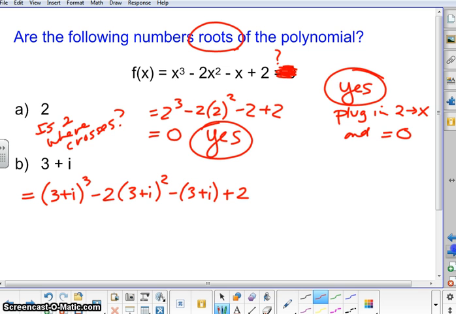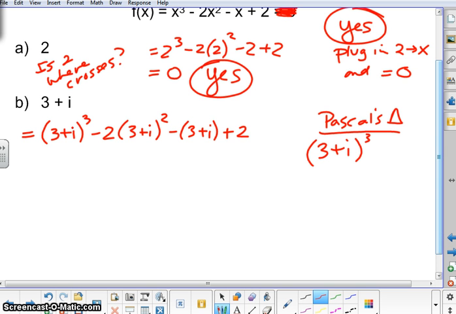So let's go ahead and refer back to Pascal's triangle. Okay, this goes back in the day, but you're going to like the shortcut. Remember, anything cubed, and this is just for 3 plus i cubed, you're going to like it. So we know that the basic numbers for anything cubed is going to be 1, 3, 3, 1.